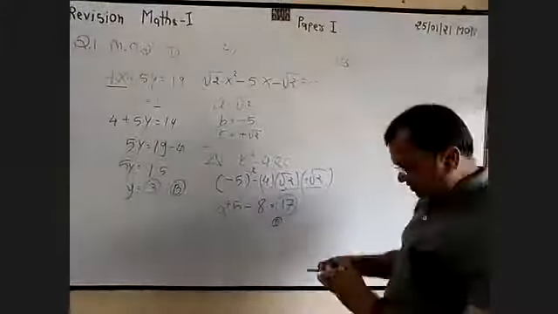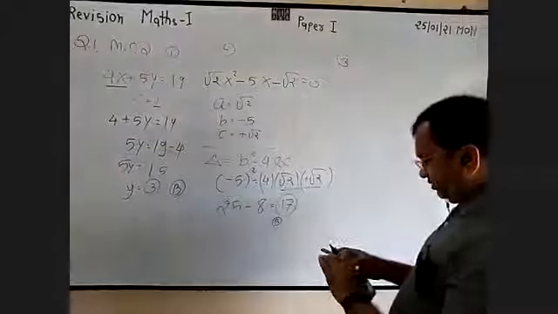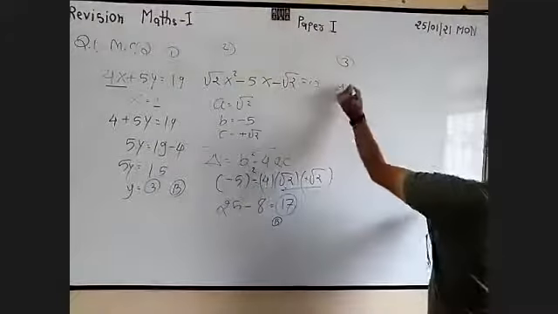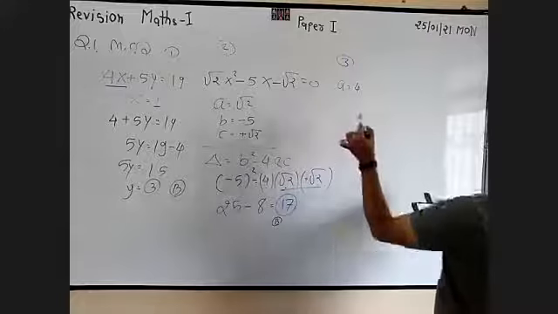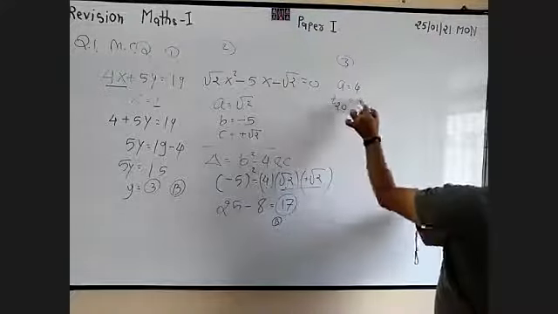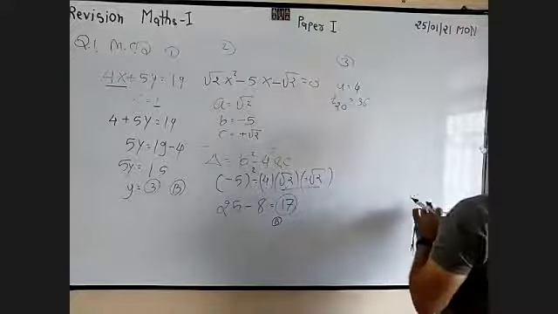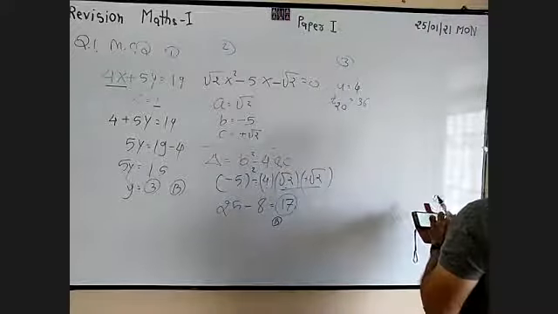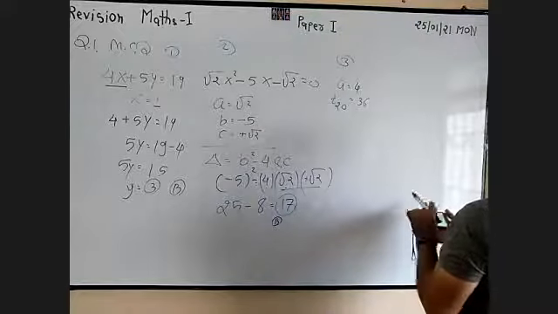Next, what is the sum of first 20 terms? If A is equal to 4, T20 is equal to 36, sum of 20.